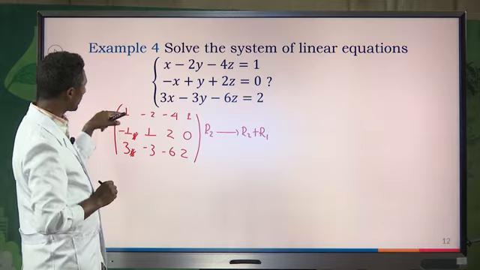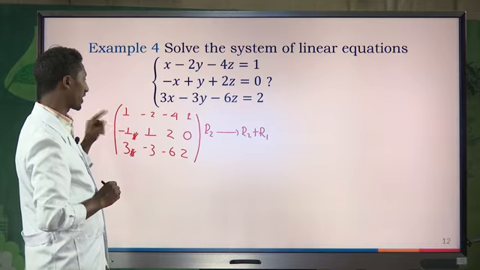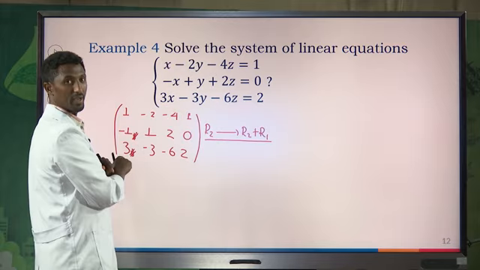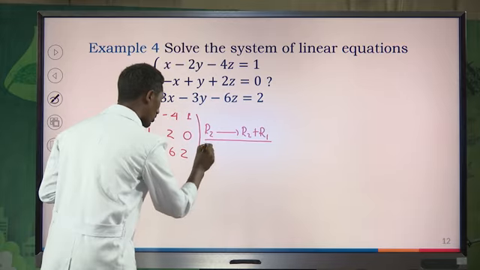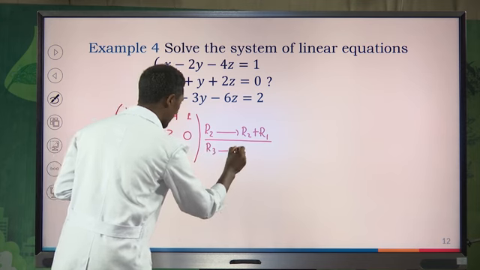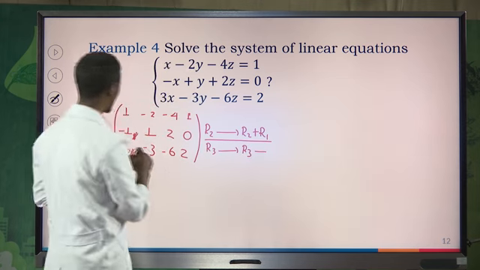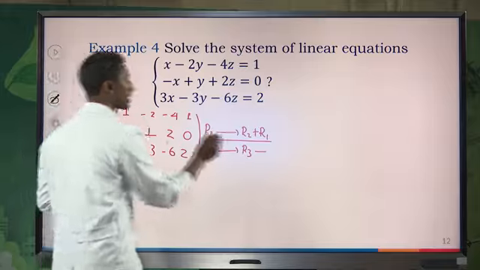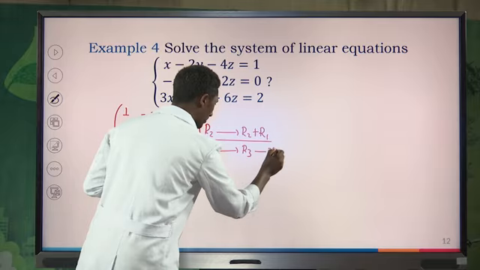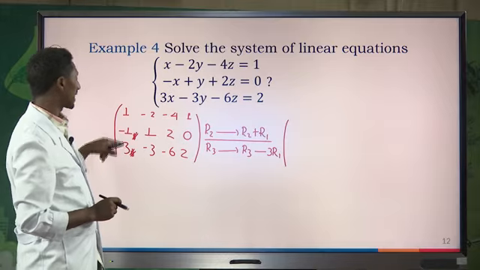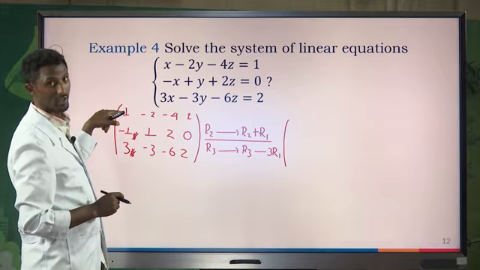So minus 1 plus 1 is 0, that's our objective. Then on row 3, to make this 3 into 0, row 3 will be replaced by row 3 minus 3 times row 1, because 3 minus 3 times 1 is 0.